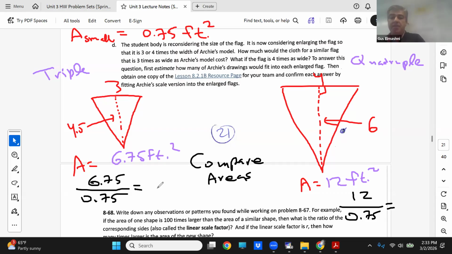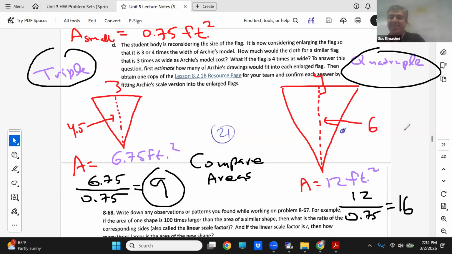Anya, what do you get? 9. Okay. How about the other one? What's 12 divided by 0.75? 16. Okay. All right.